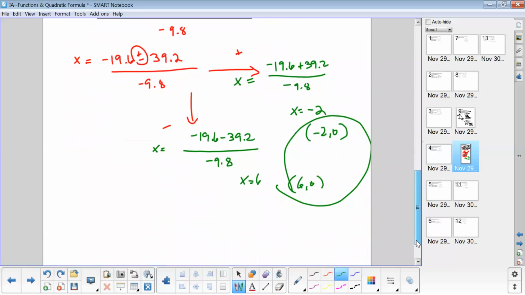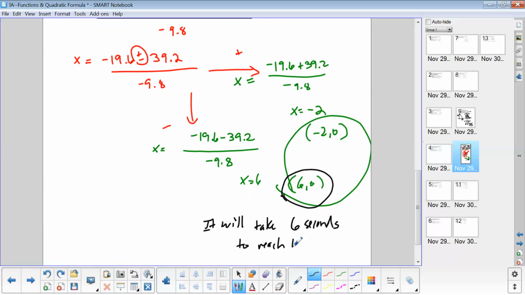So we have two solutions, but only one makes sense in context. So it will take 6 seconds to reach the ground.